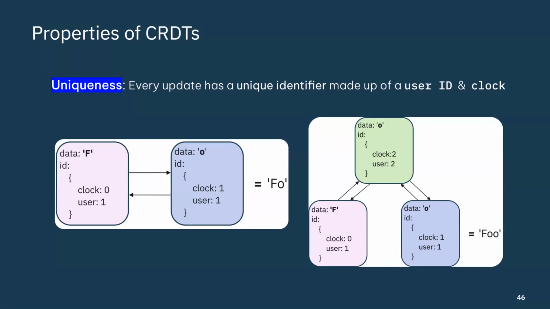Starting with F at clock 0 and then O at clock 1. And it's worth noting that this is a monotonic clock that increments with each operation or update and does not actually represent time. Then on the right, you see a green box indicating that user 2 has executed an insertion of the character O at clock 2. So the result becomes foo.